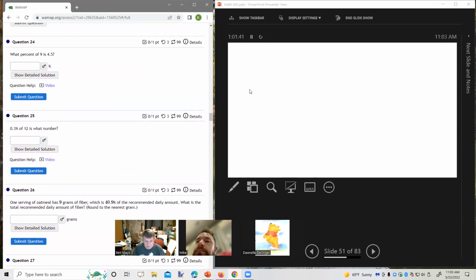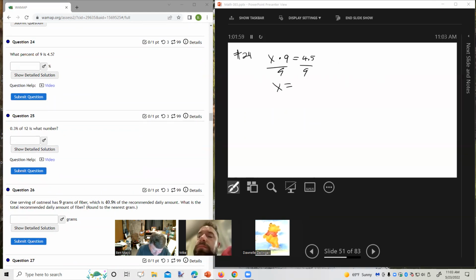Number 24. What percent of 9 is 4.5? So of is times, is equals, what percent is the unknown? We divide both sides by 9. And let's see here, 4.5 divided by 9 is 0.5.